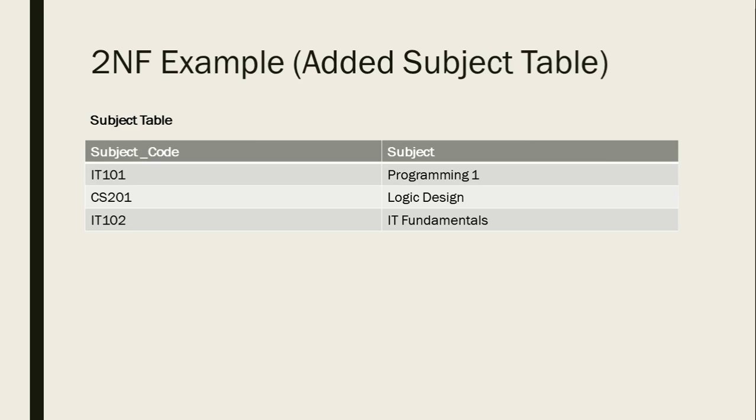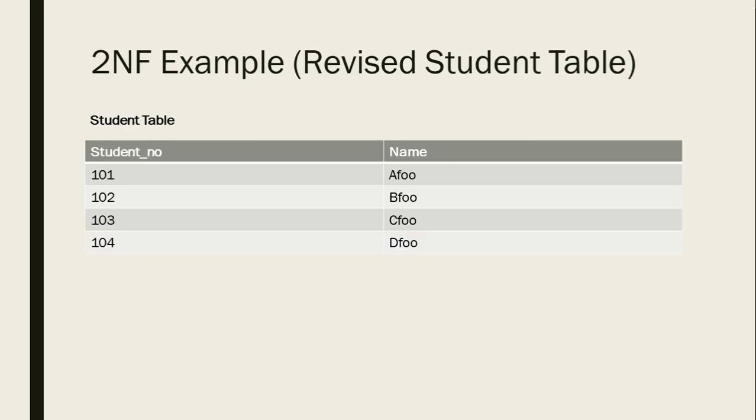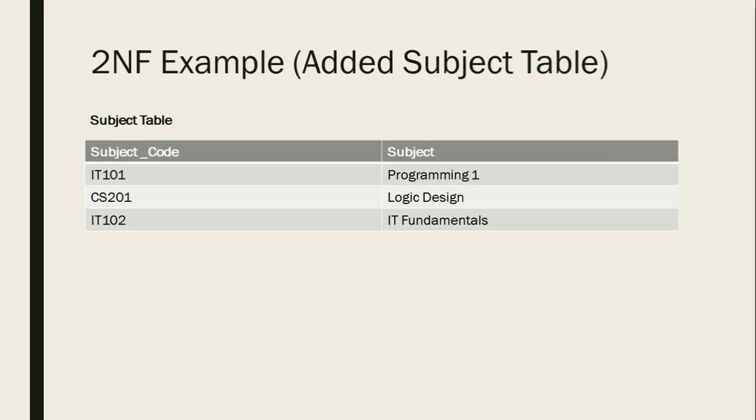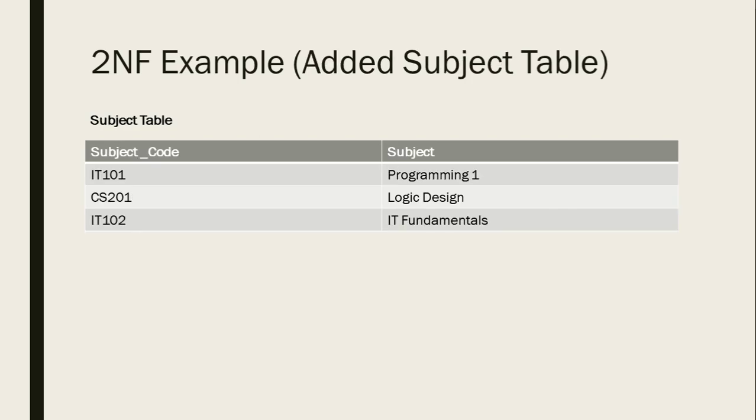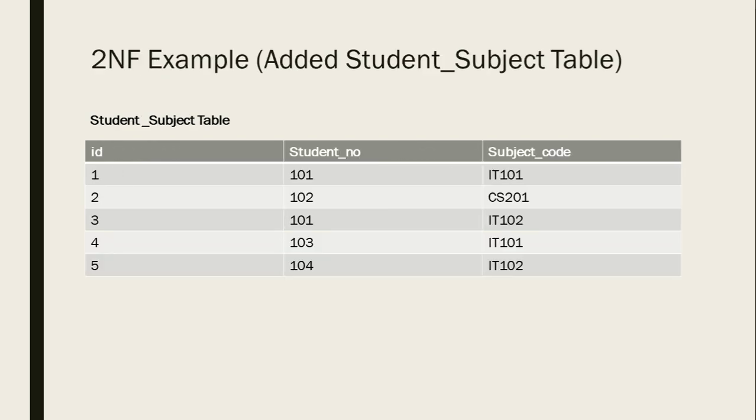How can we then relate these two tables, student table and subject table, such that we would know that student number 101, Afu, is enrolled in IT 101, which is programming 1? We will need another table for that, and we will name that table the student subject table.